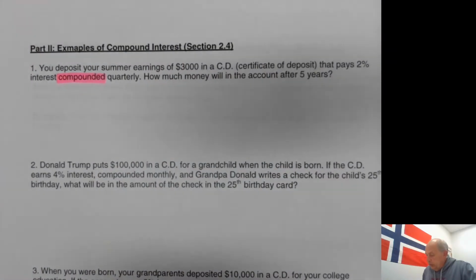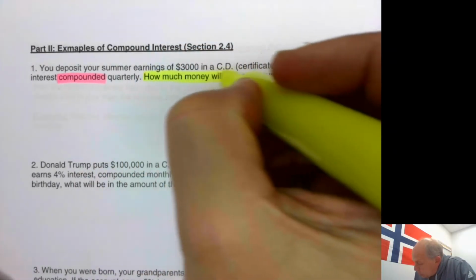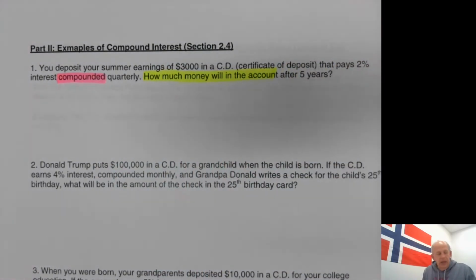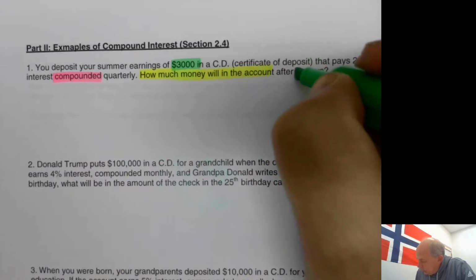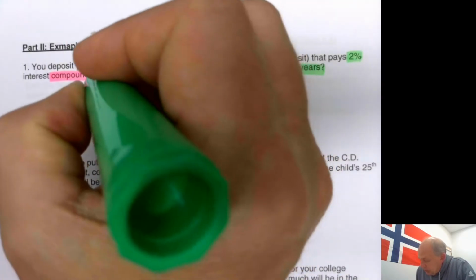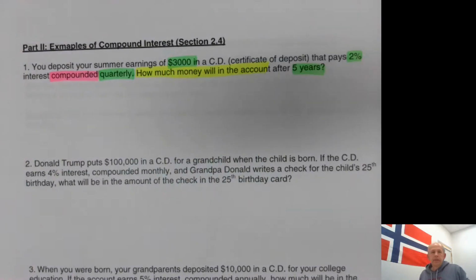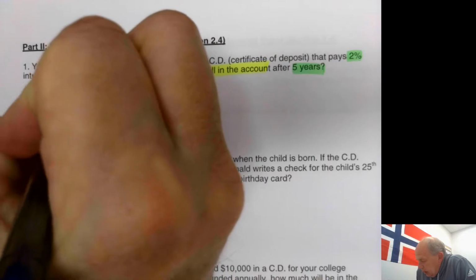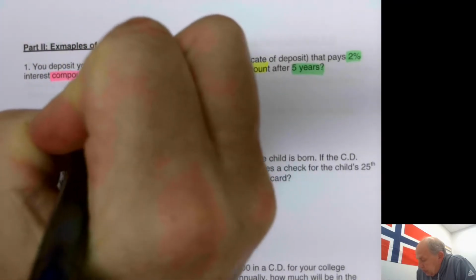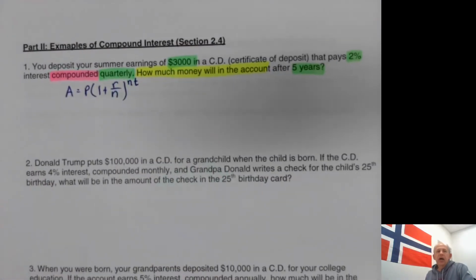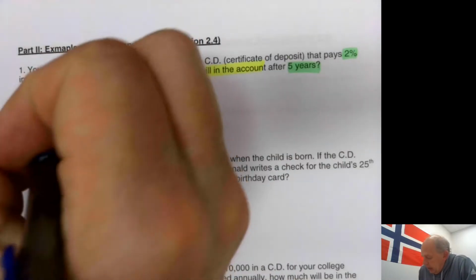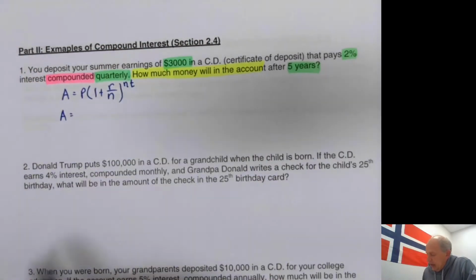What I want to do is find out how much will be in the account, the total amount A. I am starting with $3,000 for 5 years at 2% compounded quarterly. So again, the pink highlighter tells me what type of formula I am going to use and what type of problem I have. It's compounded, so I use that formula. I want to calculate how much money will be in the account.